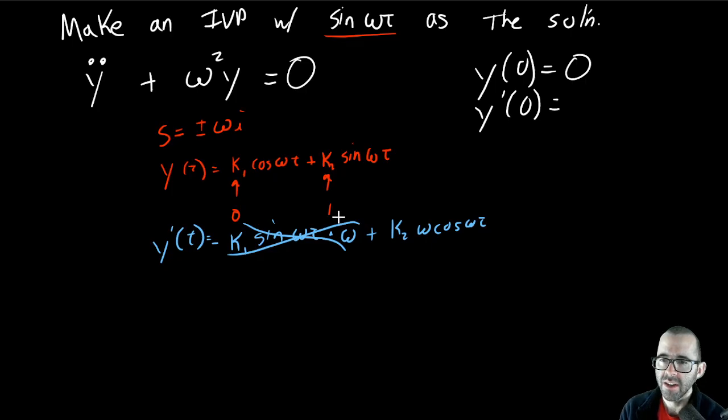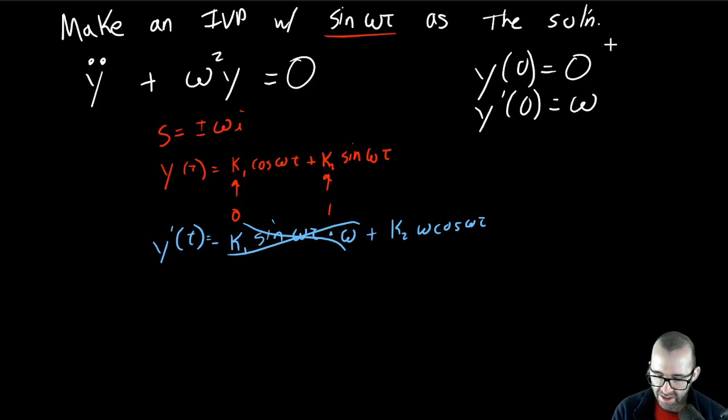Oh, wait, hold on. We wanted k2 to be 1. Great. And that'll be true when the initial value of the derivative is omega. All right. So we created an initial value problem with sine of omega t as a solution.